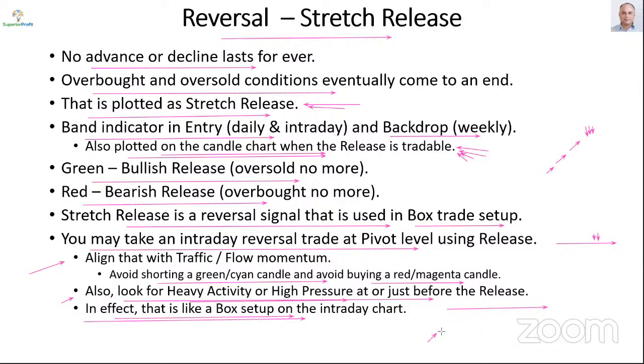Then price came here, fell down, came here again. That is the only time, a double top, triple top, or an intraday pivot, that we will be able to use stretch release, not the first point, because we need the pivot level to exist, be it watermark or intraday pivot. So pivot level is there.